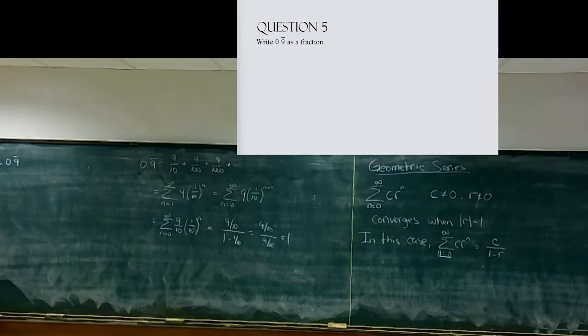Let x be 0.9 repeating. What's 10x? Well, 10x. Remember, we don't know that 0.9 repeating is 1 yet. 9.9 repeating, right?